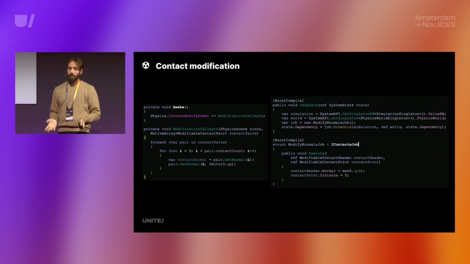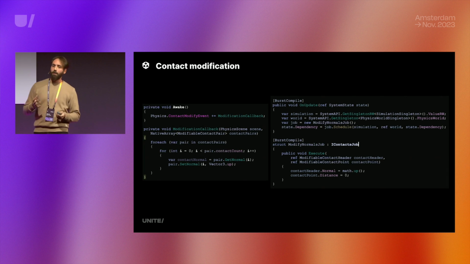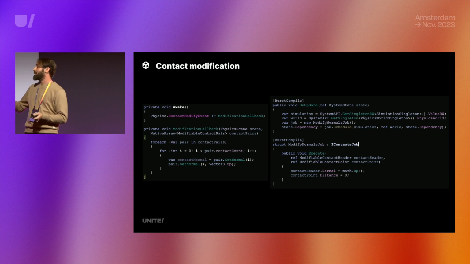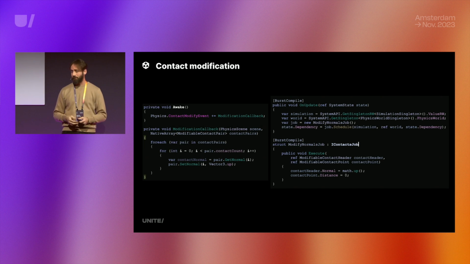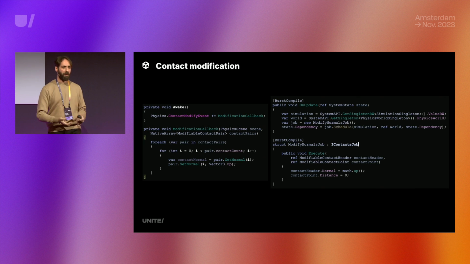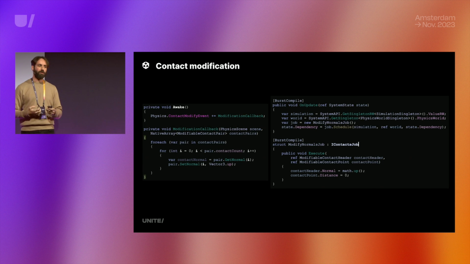In this case, what you can do is hook up an event to, in this example, the Physics.ContactModifyEvent. That is an event that works in PhysX. Essentially, it allows you to receive a native array of all the contacts that were detected. This happens before the contact solver receives the contacts, meaning that you have the chance to modify them before the collision happens.